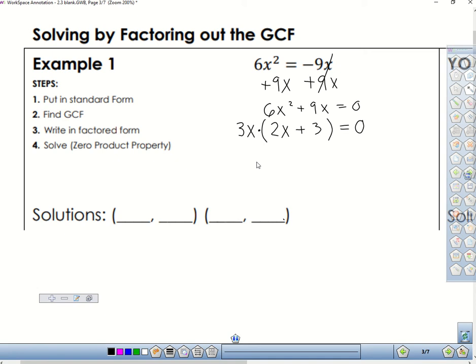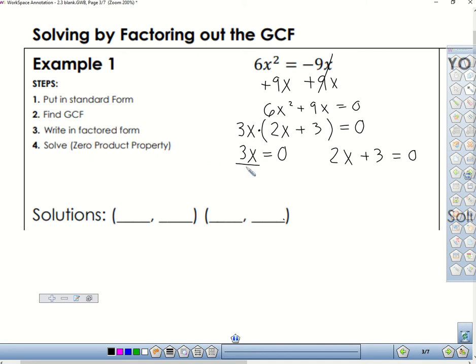Either this term had to be 0, or this term had to be 0. So we're going to find the two times that could occur. What we do for the zero product property is take each of the products and individually set them equal to 0.